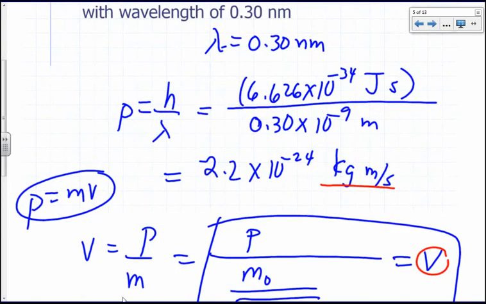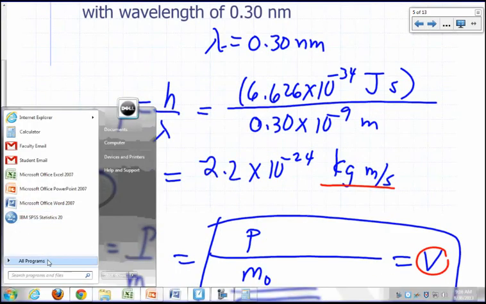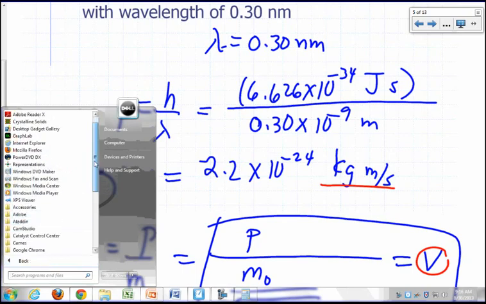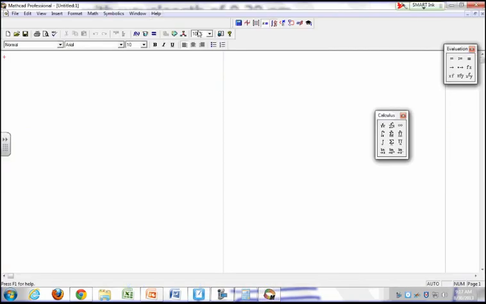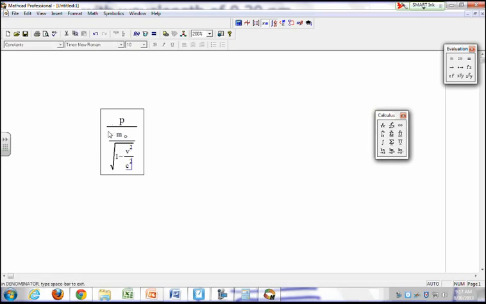So if I were to do that in MathCAD, you're going to say that P over, what was it, m naught over the square root of 1 minus v squared over c squared, the whole expression is equal to v, right?